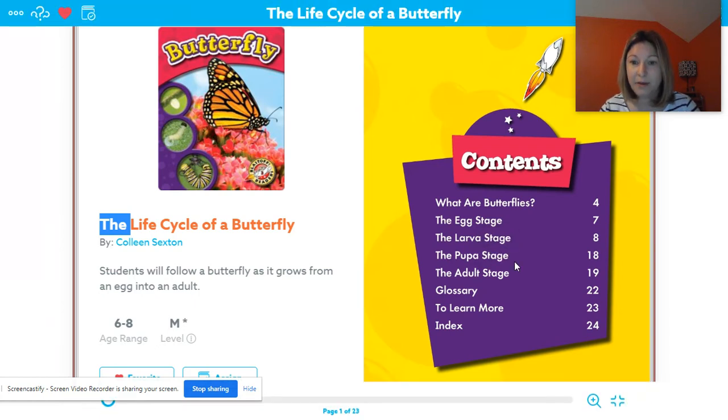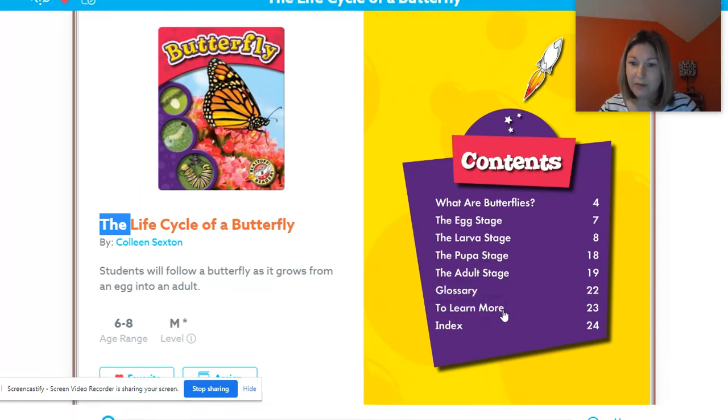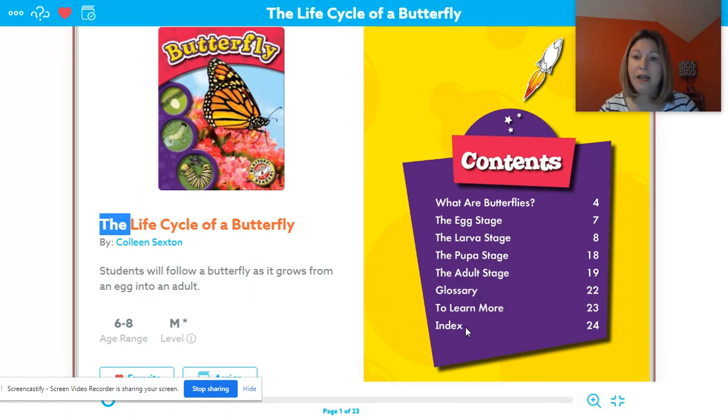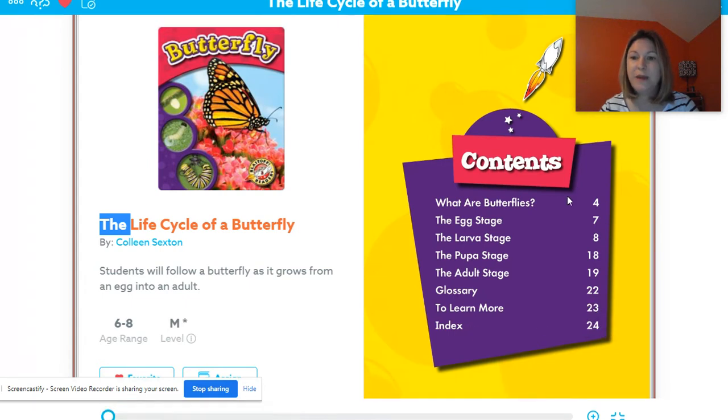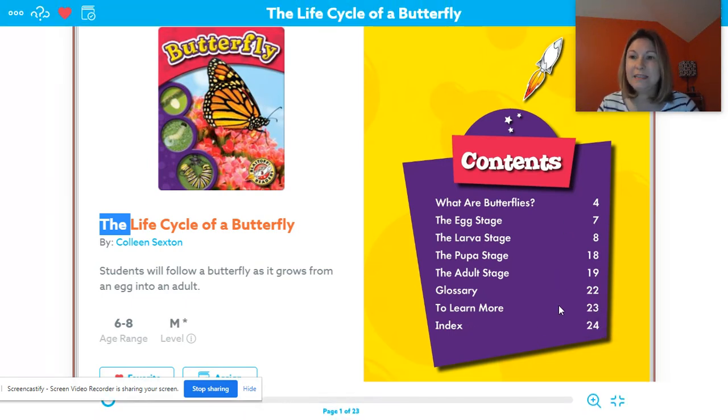The next topic will be the pupa stage, then the adult stage, then the glossary, then to learn more, and then the index, and it shows the pages. When you're looking at this, I want you to take a second. What looks like it might be the longest section?